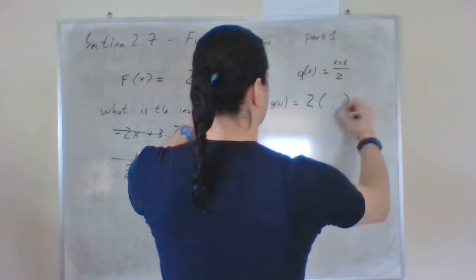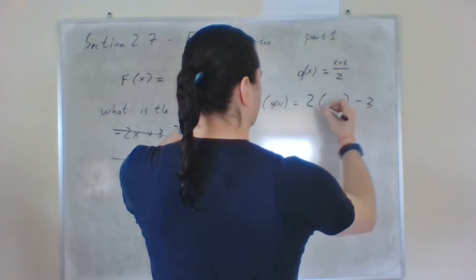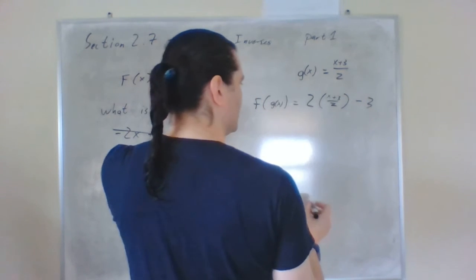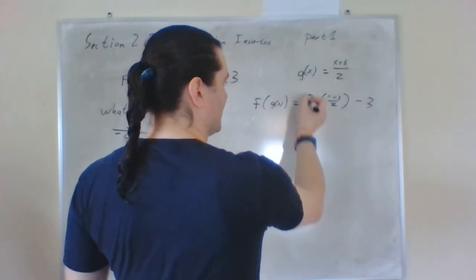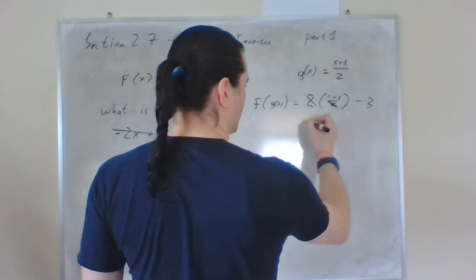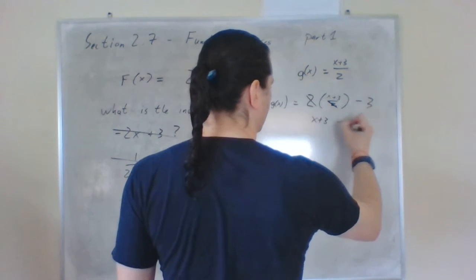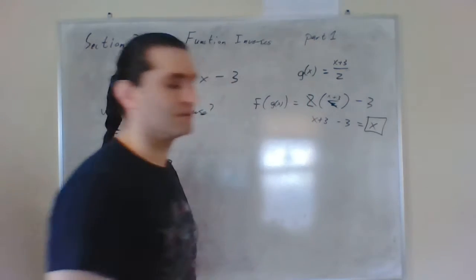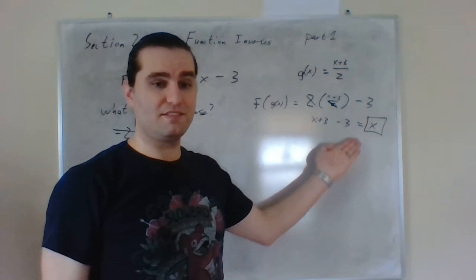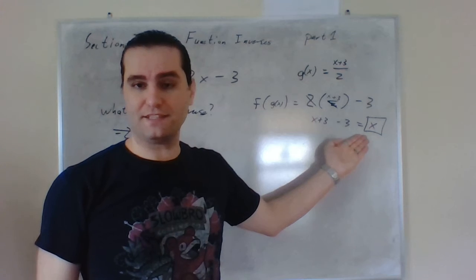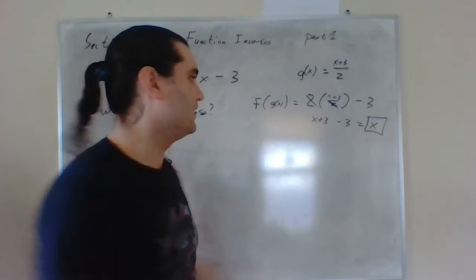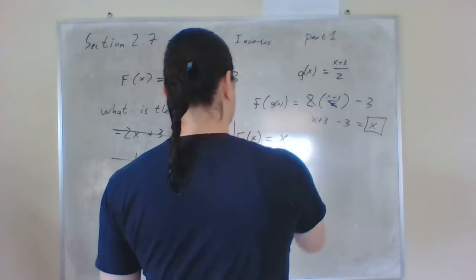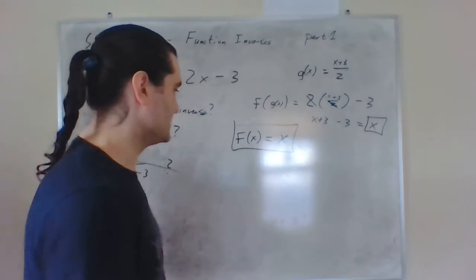It multiplies things by 2 and then subtracts 3. So if the thing it's doing this to is x plus 3 over 2, if we start to simplify this, we'll cancel the 2's, and then we'll have x plus 3 minus 3. That will just be x. This is the identity function. f of x equals x. This is the identity.